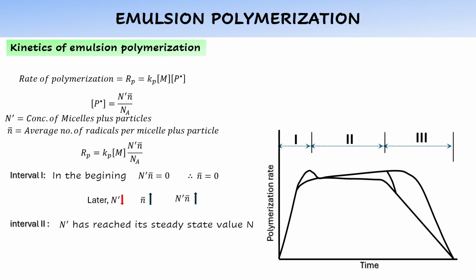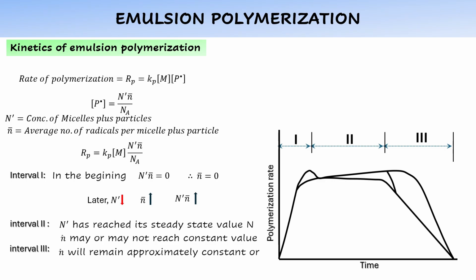In interval 2, the particle number N prime has reached its steady state value, which we simply call N. The average number of radicals per particle, N bar, may or may not become constant, but it is this value N bar that becomes critically important for determining the rate.